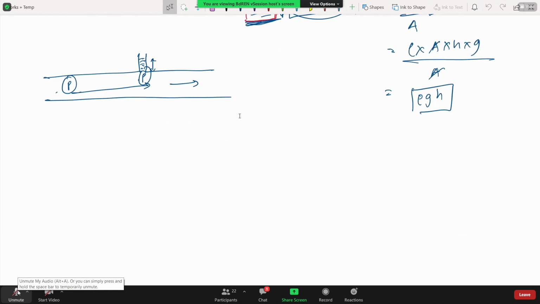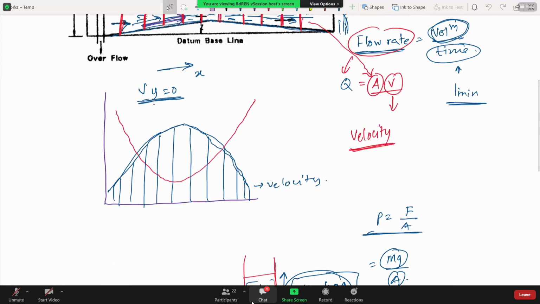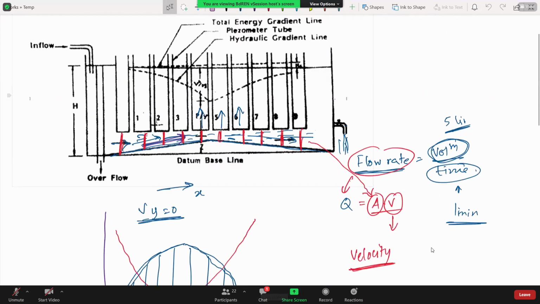So because of this extra pressure, the fluid will go at the top. We have an instrument for measuring that, called a piezometer. So this is basically a piezometer. Due to pressure build up, the fluid will move at the top.